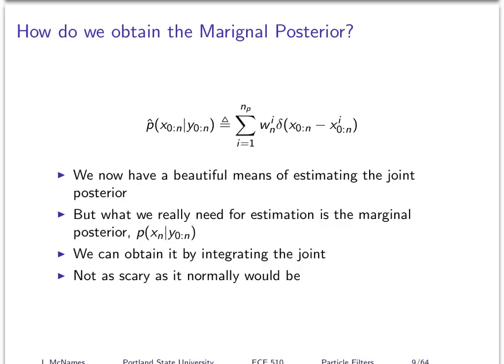Something else magical happened now. We've got our joint now being the sum of impulses with weights that we now have a nice recursion for calculating. We're done, and we ended up with something that I sort of led you to believe that we wouldn't be able to do, which is that we've got an efficient representation of the posterior probability that is manageable.